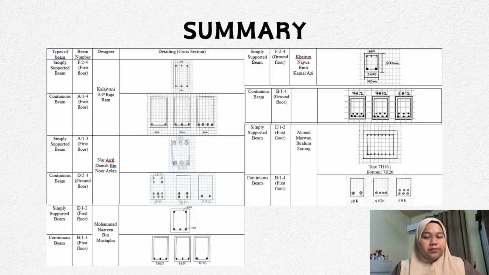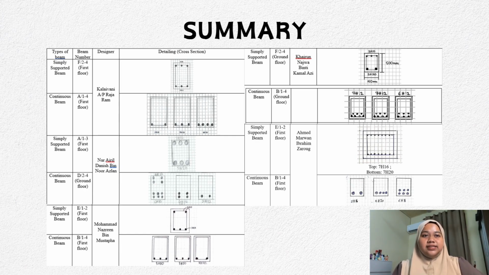Meanwhile, for the continuous beam A1 until 4, the first floor beam, the first section is 2H16 for the bottom reinforcement, the middle section of the beam is 3H16, and the last section is 4H16.